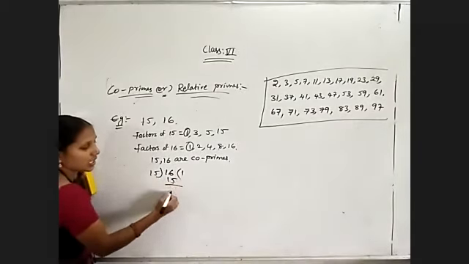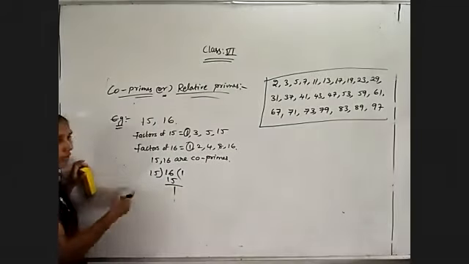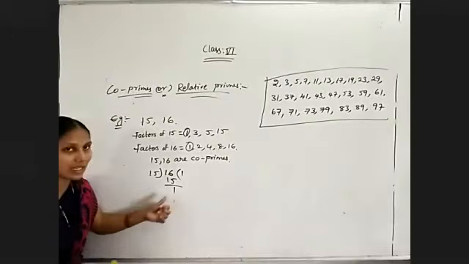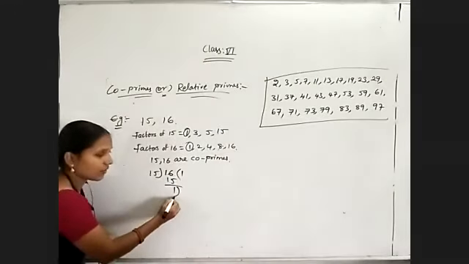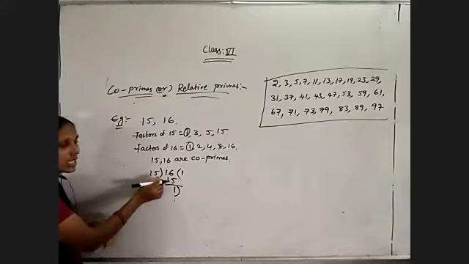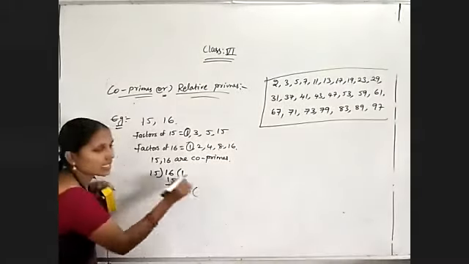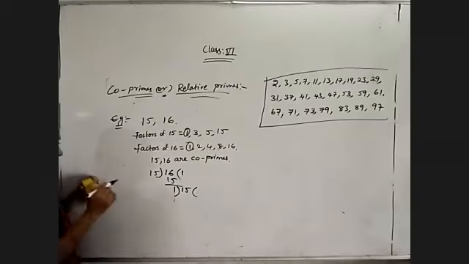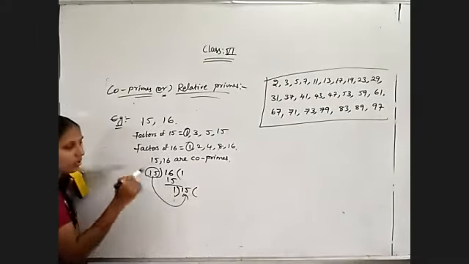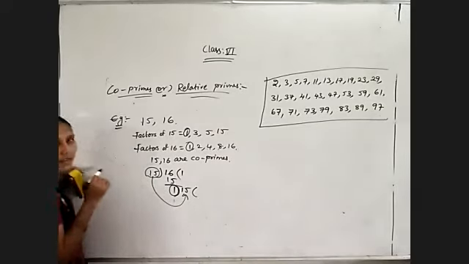How much is the remainder? 1. So while performing HCF, whenever you get a remainder, take that as the next divisor. And whatever the first divisor is, take it as the dividend in the second step.